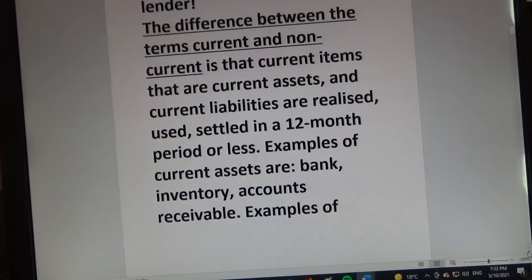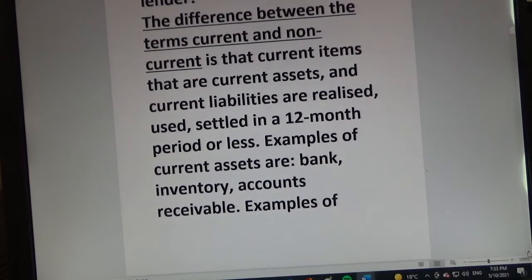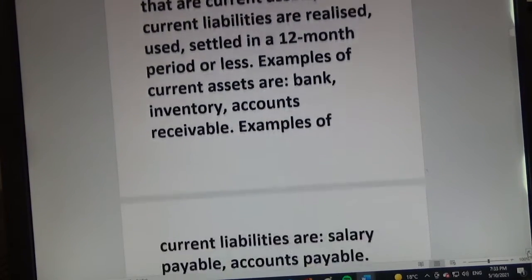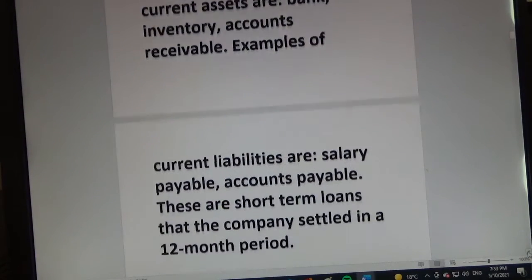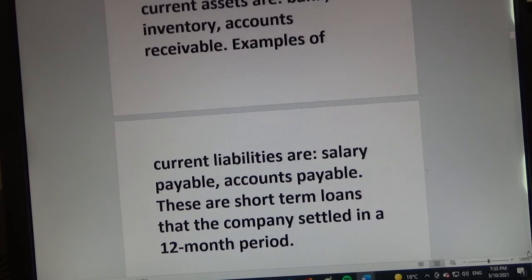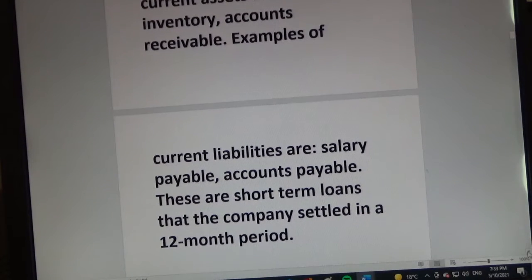The difference between the terms current and non-current is that current items, such as current assets and current liabilities, are realised or settled within a 12-month period, which we mentioned. Examples of current assets are bank, inventory, accounts receivable. Examples of current liabilities are salary payable, accounts payable.